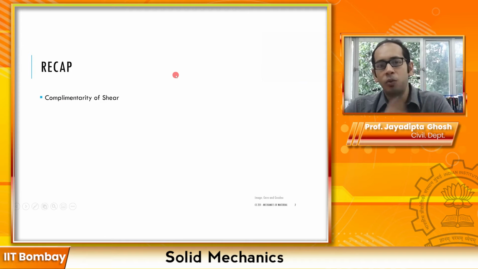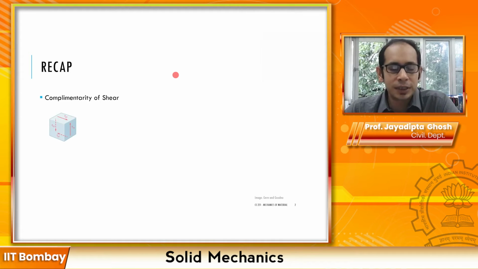Number one is the complementarity of shear, an idea to which you are already exposed and know pretty well. It means that if you have a shear developing on one face, then on the corresponding perpendicular face you have an equal and opposite shear. We used this very idea to derive the shear formula initially.